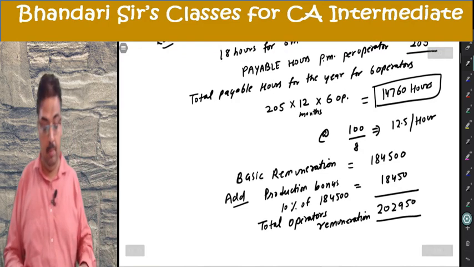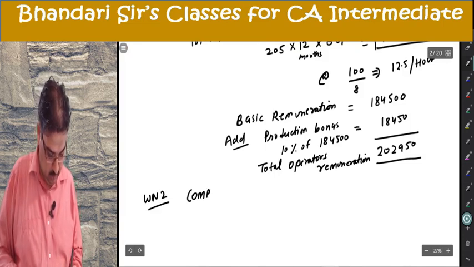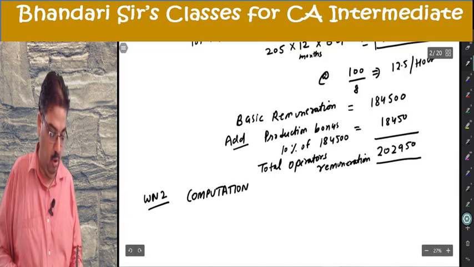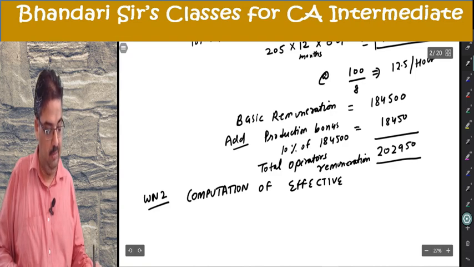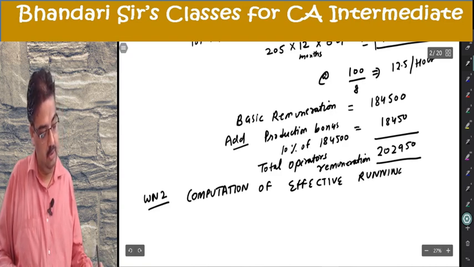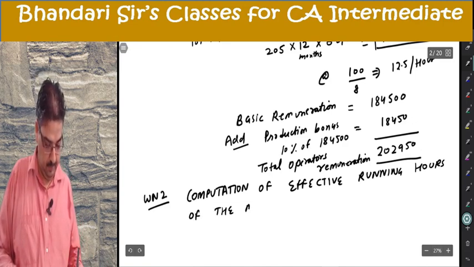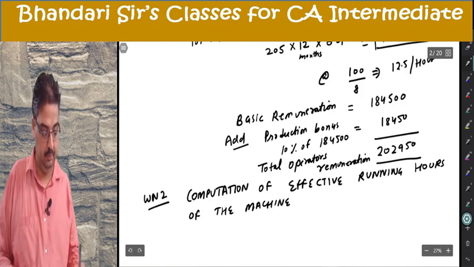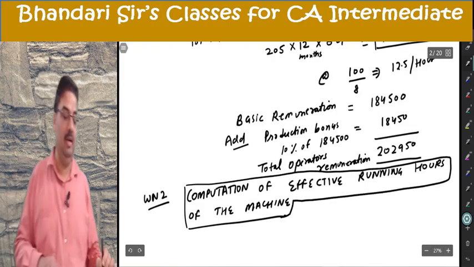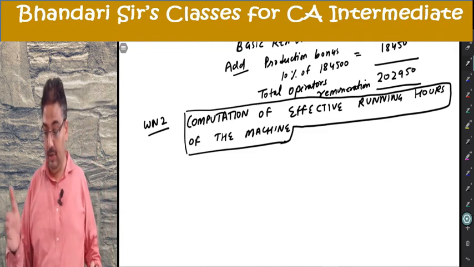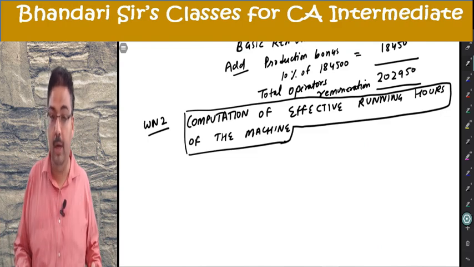So working note number 2, computation of effective running hours of the machine. In this, I will deduct the leave hours which were absenteeism hours without pay, leave with pay, and avoidable idle time hours.